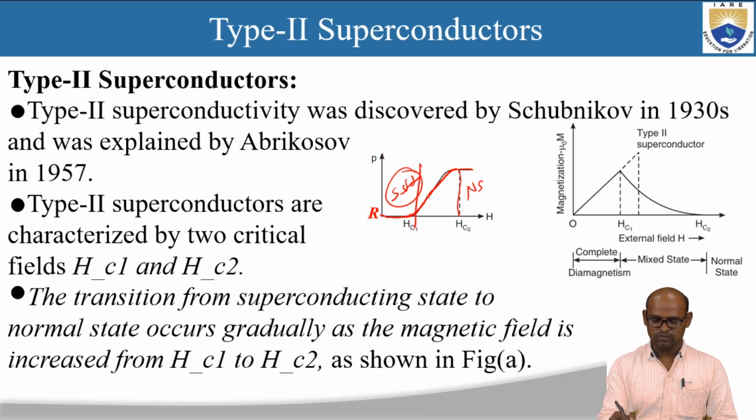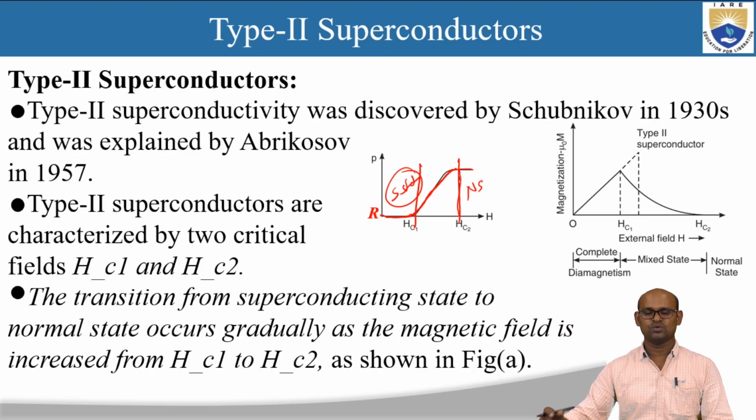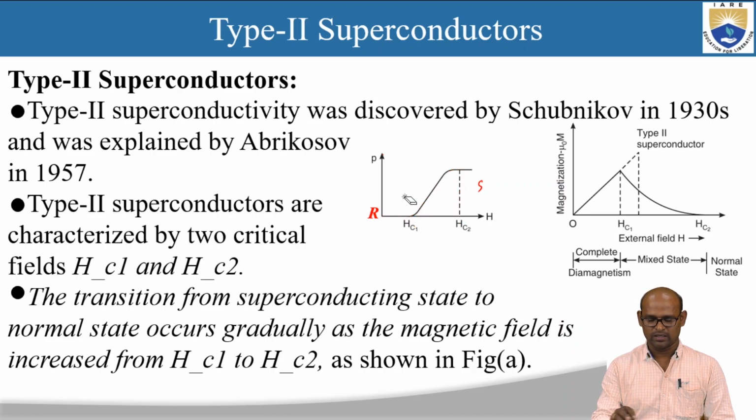In between HC1 and HC2, you have a mixed state. So in type 2 superconductors, you don't have simply a superconducting state and a normal state. In between, you also have a mixed state. Basically, you have three different states as you increase the field from zero to the critical values.